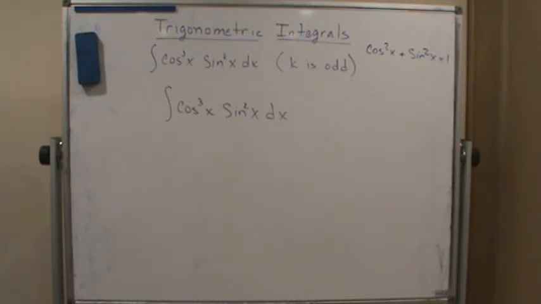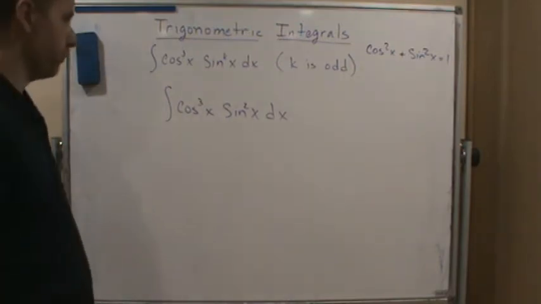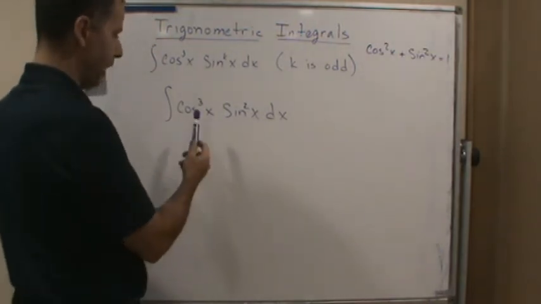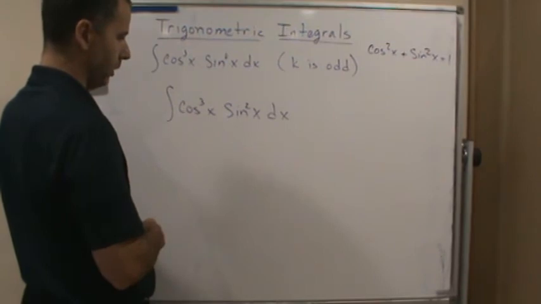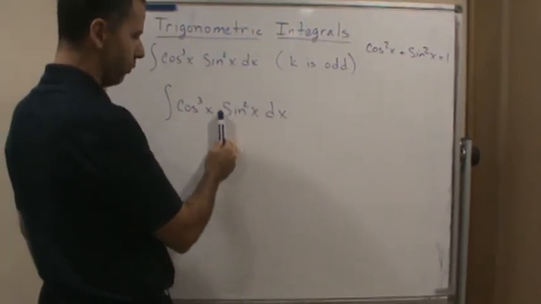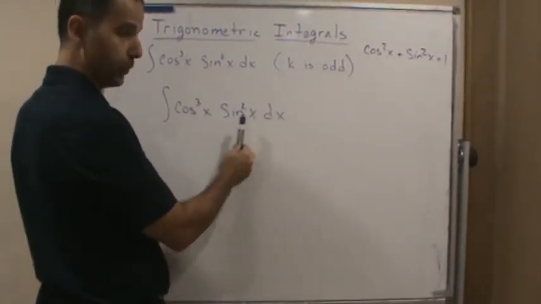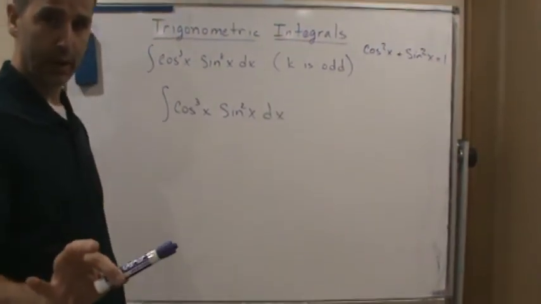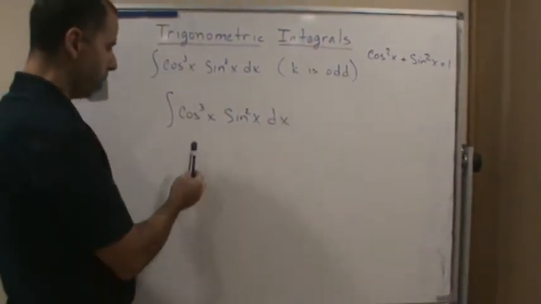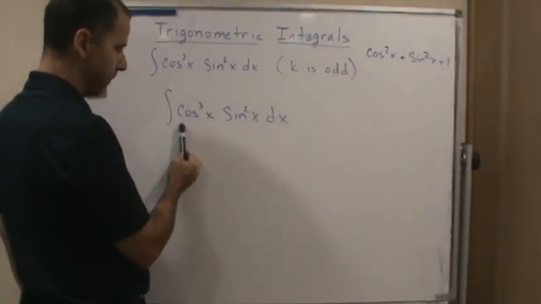So all you're going to do is, this is an odd power, this is even, so we don't want to shave off one of these because then we're going to end up with a sine to the odd power, and we don't know how to deal with that yet. But notice that the cosine here has an odd power.